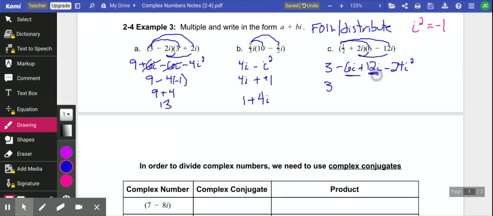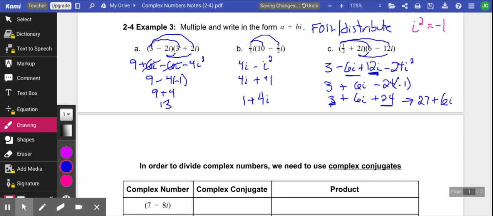These are like terms. Plus 6i minus 24 i squared. And remember, i squared is -1. So this is actually 3 plus 6i plus 24. And then I'm going to combine my like terms one more time. So we get 27 plus 6i.